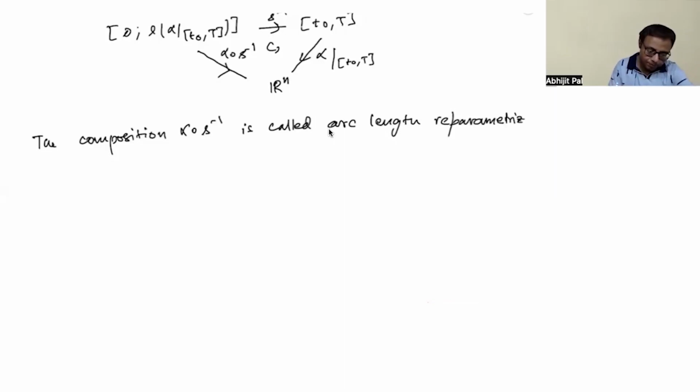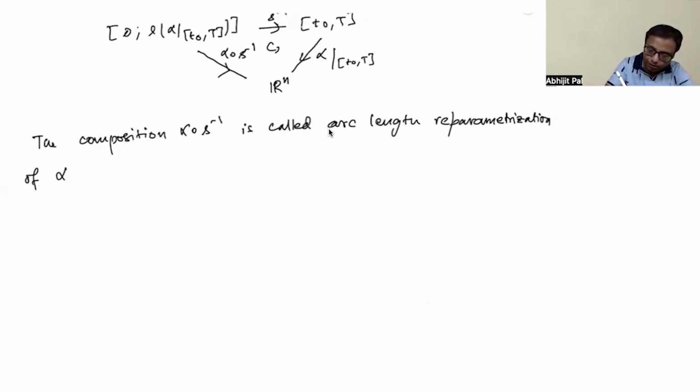Okay. So now note this fact. If I take the derivative of this alpha with respect to the arc length reparametrization, we'll get that derivative to be of norm 1. So we'll get it to be a unit speed curve.